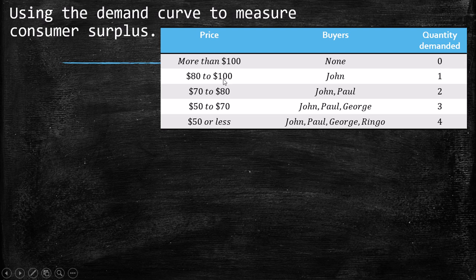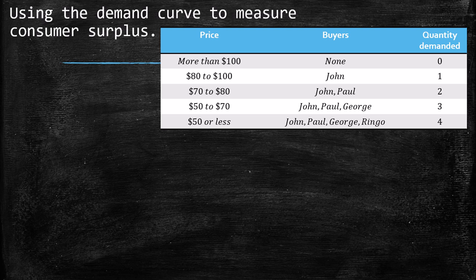Next, when the price is between 80 and 100, just one person will pay, because John's willingness to pay was 100. So the quantity demanded will be one, for John. Remember that we are assuming each of them will be satisfied with just one album.